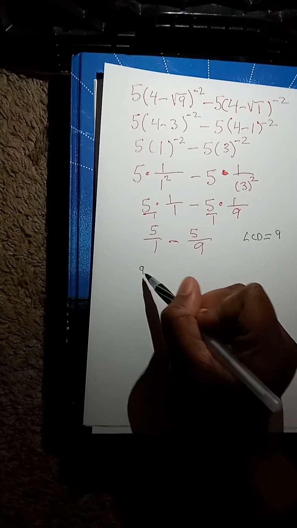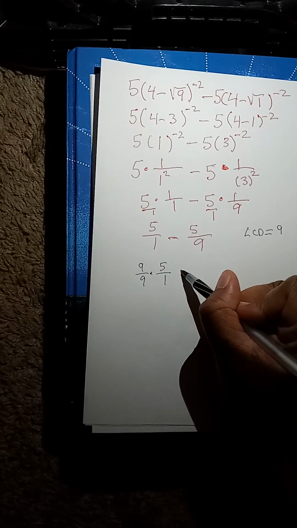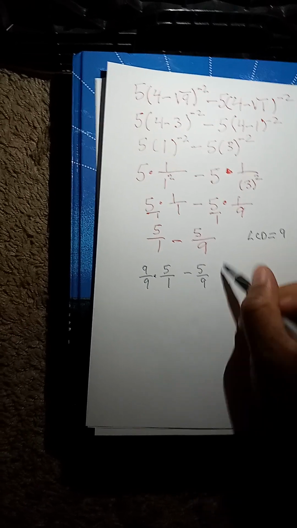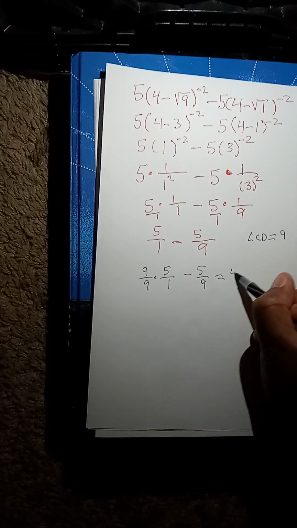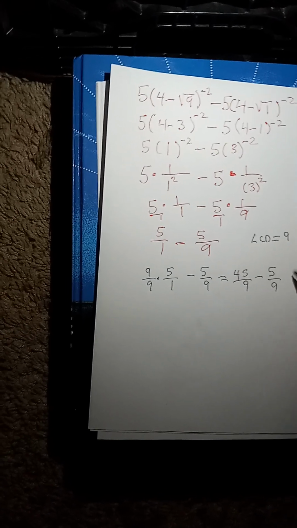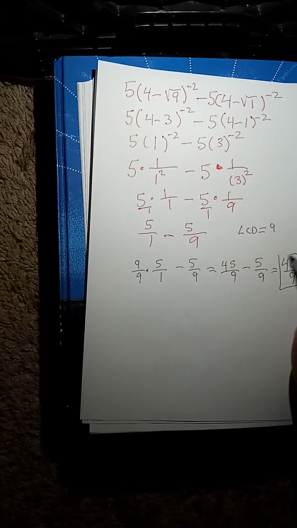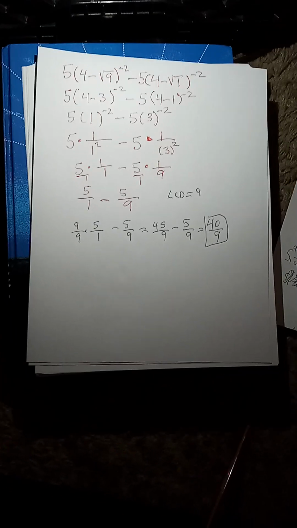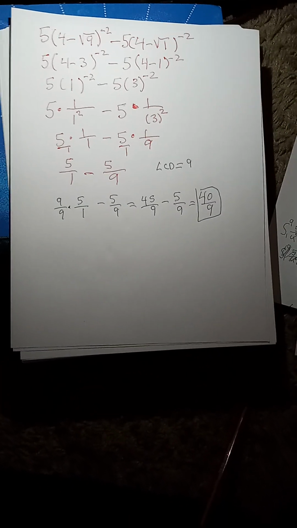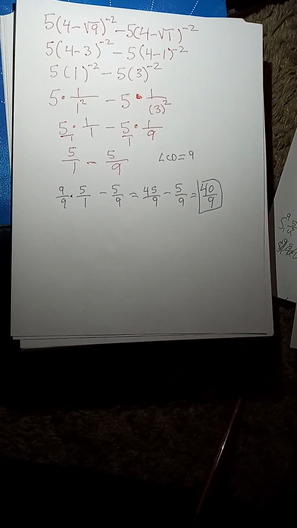I multiply by 9 over 9 times 5 over 1 minus 5 over 9, which is equal to 45 over 9 minus 5 over 9, which is equal to 40 over 9. This is our final answer for the solution for the definite integral. This is how we calculate this particular integral by substitution.